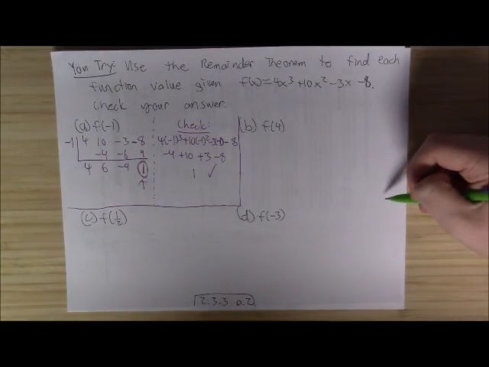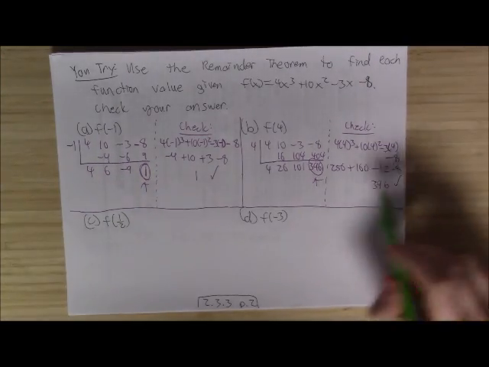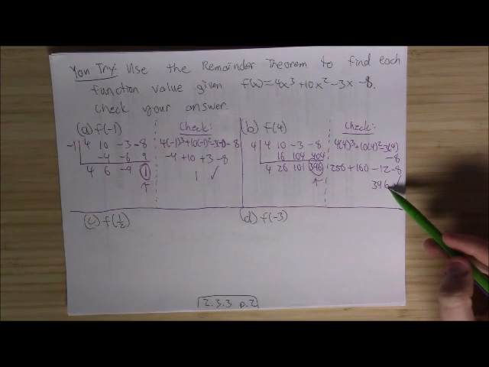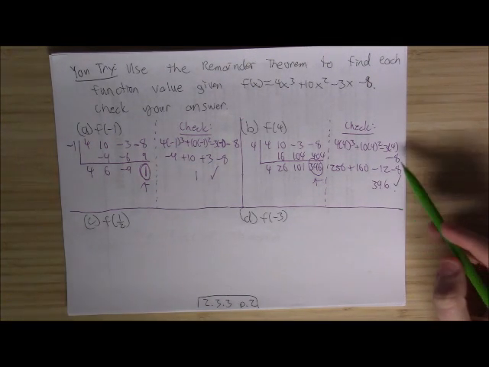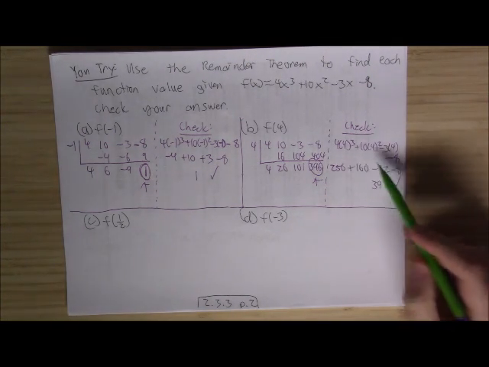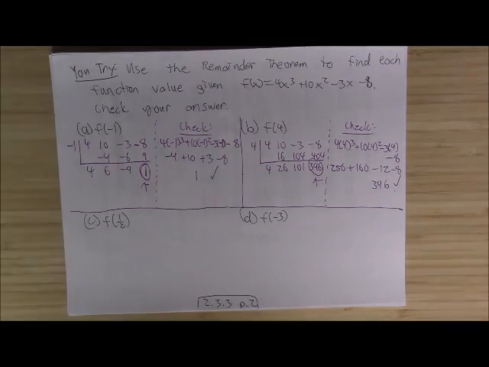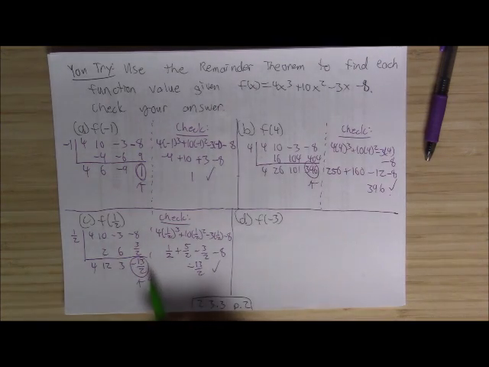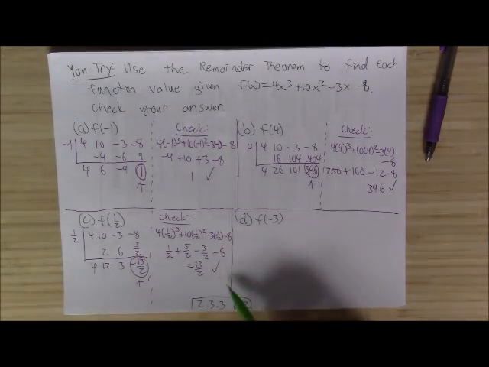For part B, doing the division gives us 396, and doing the plugging in also gives us 396, so it works. For C, we have that -13/2 is our remainder, and indeed -13/2 is what we get when we plug in.